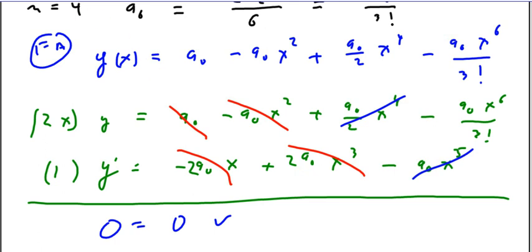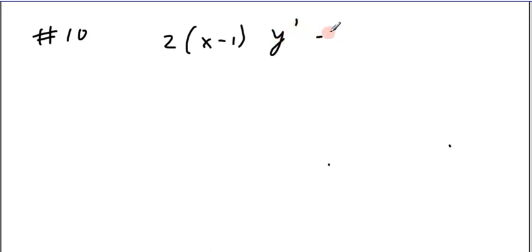All right, now we're going to do number 10. Okay, we're going to be working on problem number 10. 2x minus 1, y prime minus 3y is equal to 0.